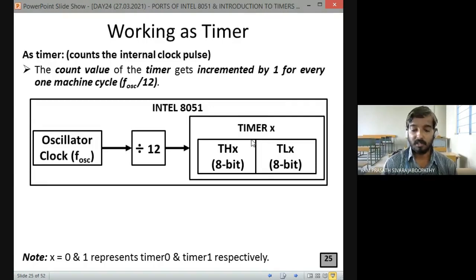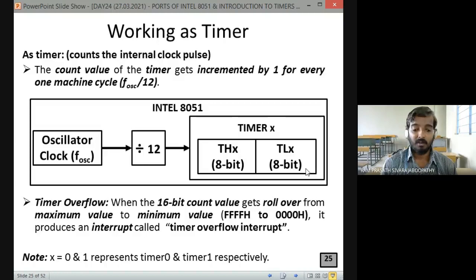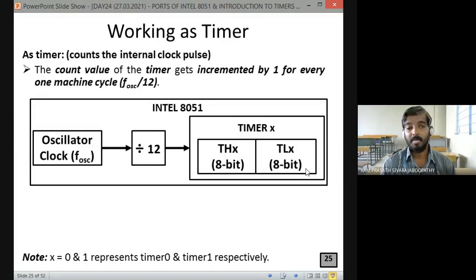Fine. So ஒரு clock input க்கு, the clock input is divided by 12. So for every one machine cycle, the timer is getting incremented by 1. In other words, if I connect a 12 MHz crystal, for every 1 microsecond it is going to increment by 1. That's it. Fine. Now it's very very important.